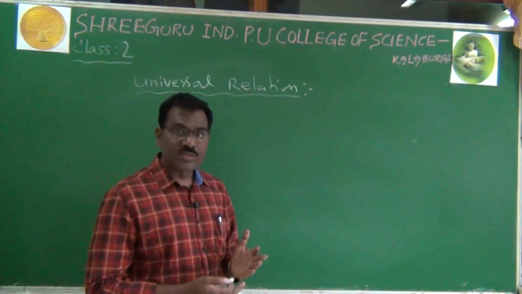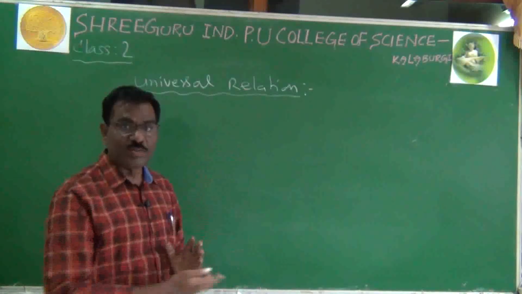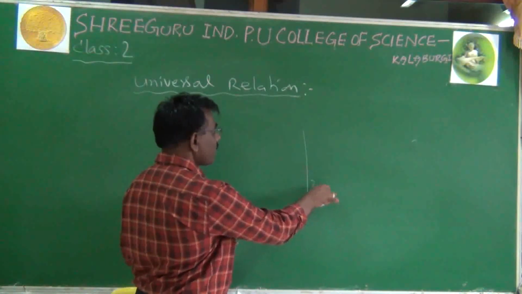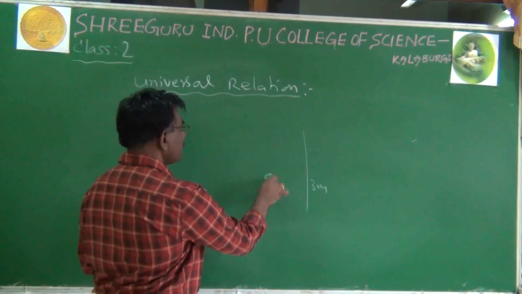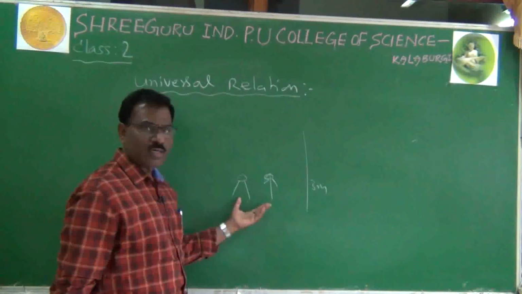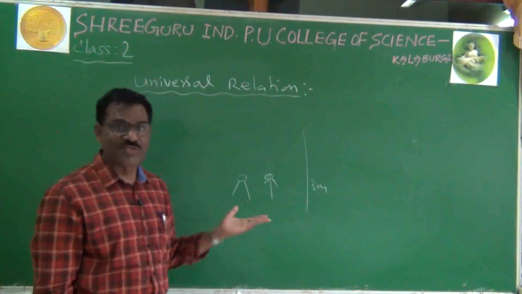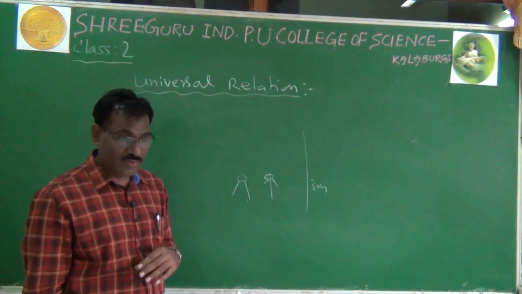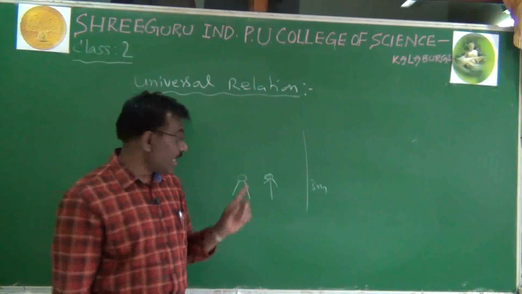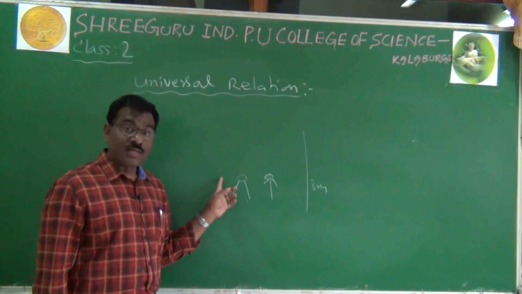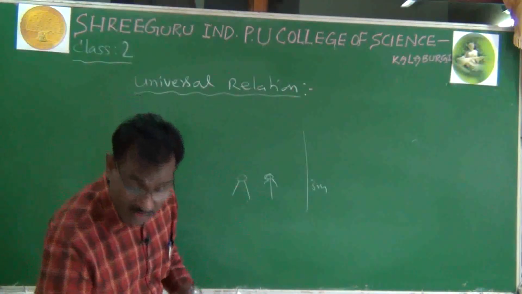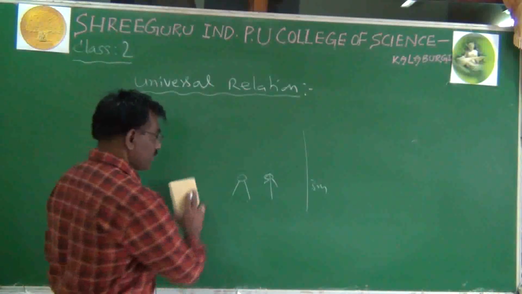So all are within 3 meters. Then another boy, so these are less than 3 meters. So this is called universal relation. The difference of heights of A and B is less than 3 meters. So this is called universal relation.